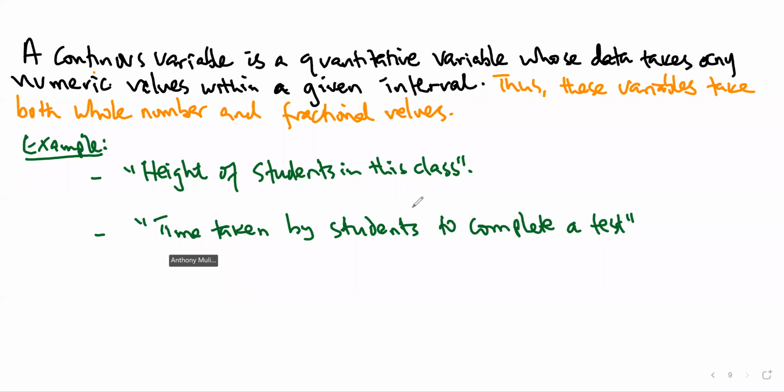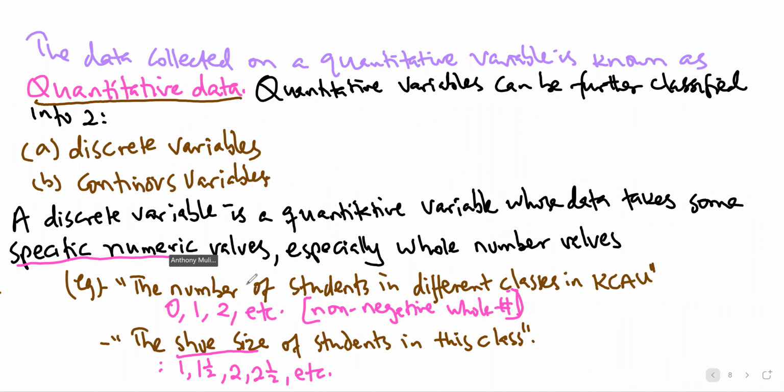The same case with the time taken for you to finish a given test. Some of you will take 1 hour, others will take 1 hour, 10 minutes, so that's 1 hour point something. So the data here takes both whole numbers and fractional values. Those are what we call continuous variables. And the data that comes from there, of course, is called continuous data, just like in the case of discrete variables, the data that comes from there is called discrete data.